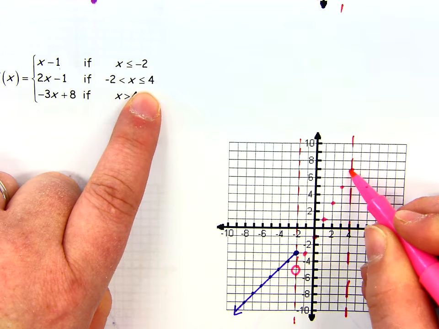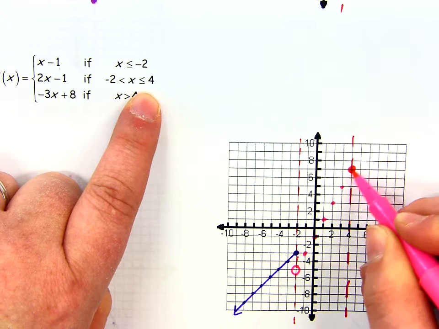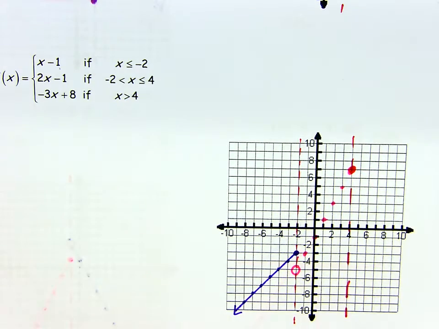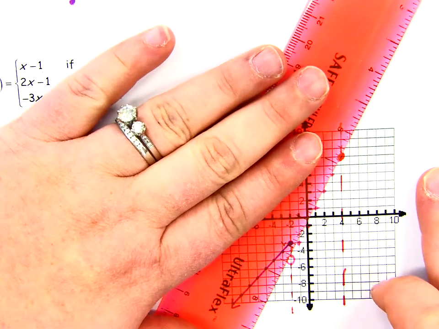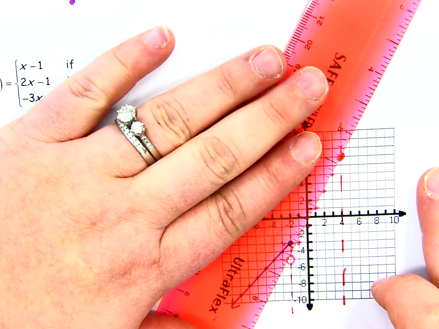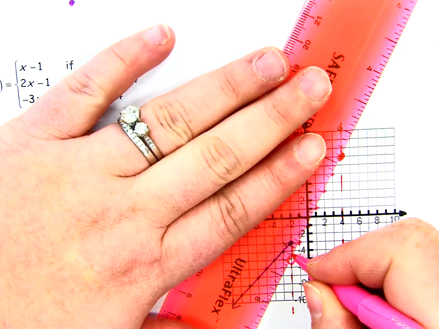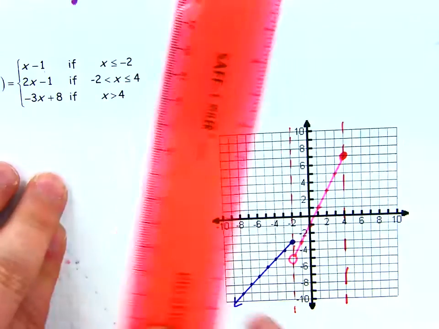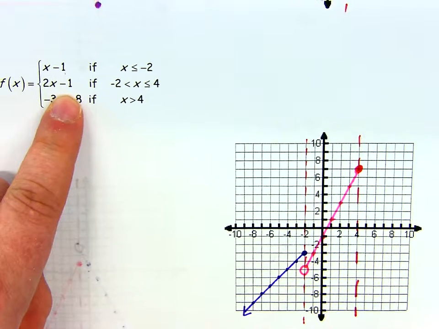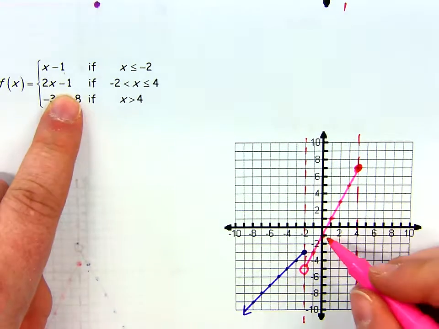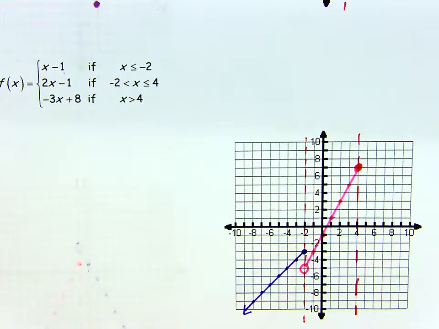Solid, because it can be equal to 4. So that's all I need in between the two. So I'll connect those. If you want, you can verify, yep, it was supposed to cross the y-axis at -1. It did. I'm so glad.